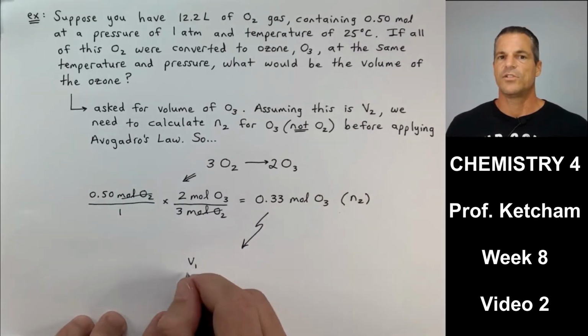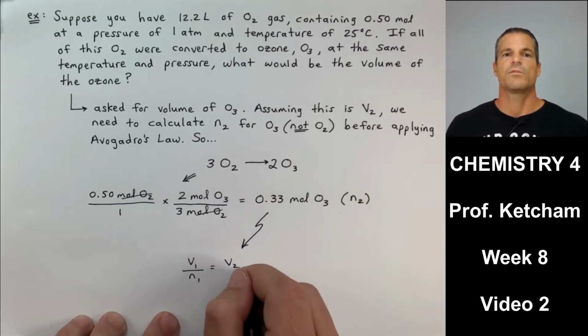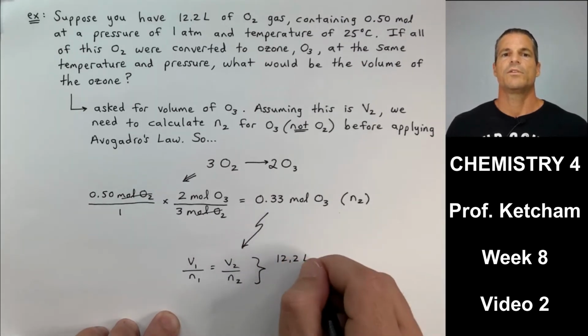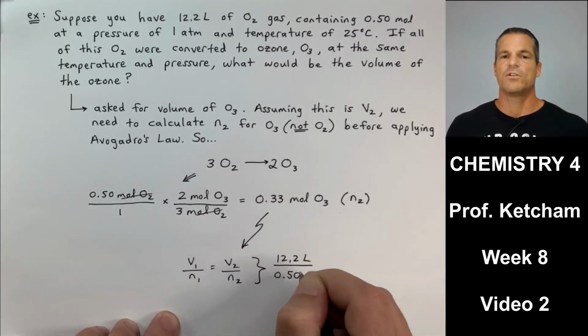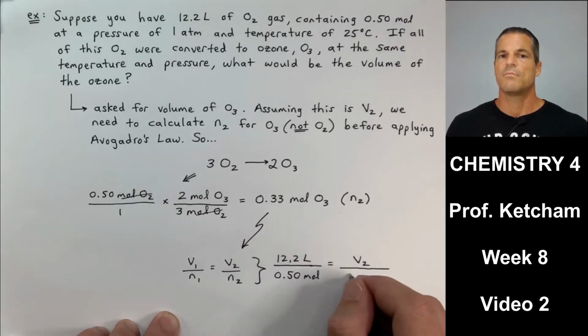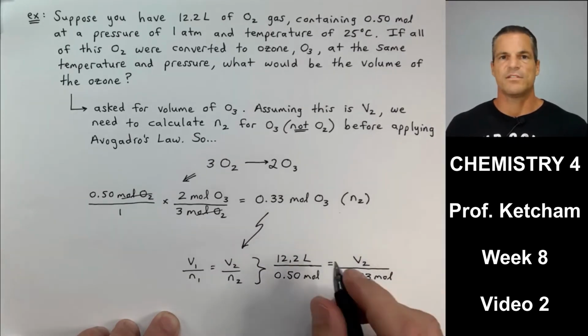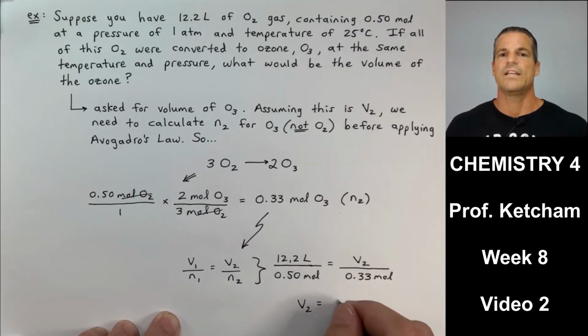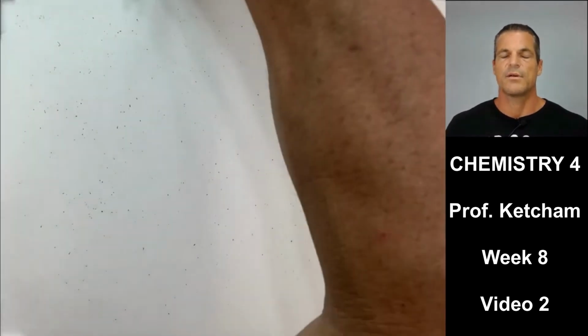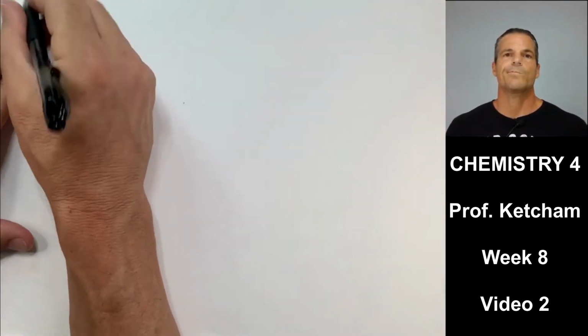So that's our N2. V1 over N1 equals V2 over N2. We then plug things in. So we got 12.2 liters over 0.50 moles equals V2 over 0.33 moles. My V2 has the same units as V1, 8.1 liters of O3. I apologize for the typo.